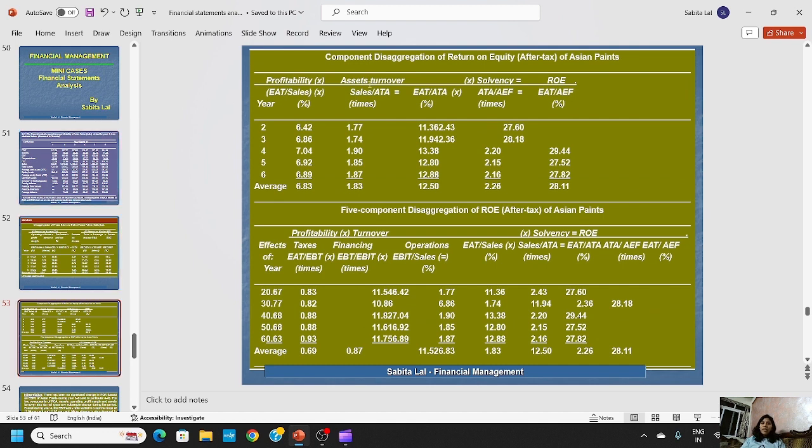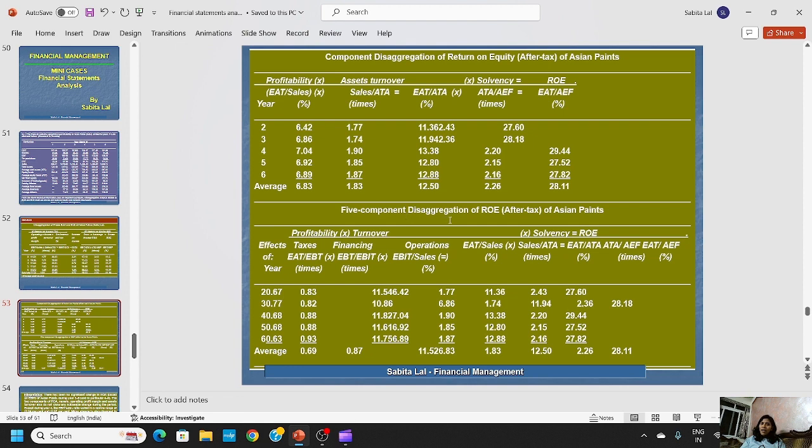And here profitability into asset turnover and into solvency is your ROE. How will the profitability be calculated, how will the asset turnover be calculated, sales by total assets. Here profitability is your EAT by sales, and then EAT by ATA, and how to calculate it for solvency. And finally you are able to calculate this. So refer to this PPT and try to solve this case study by yourself.